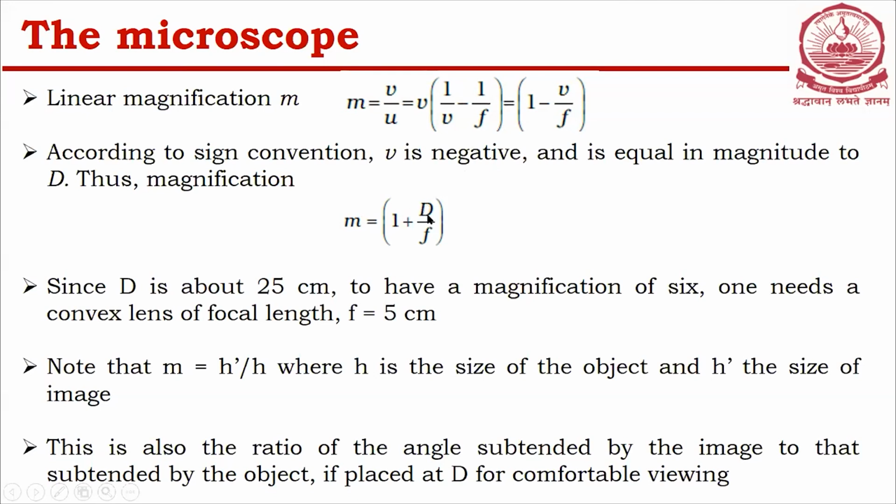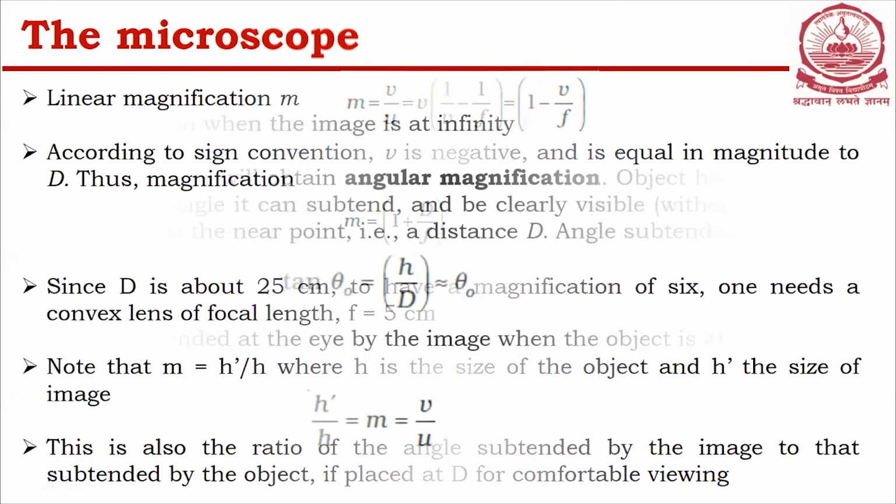It is 1 plus 25 by F, where F is the focal length of the lens. So this is the magnification of this simple microscope, the simple magnifying glass.